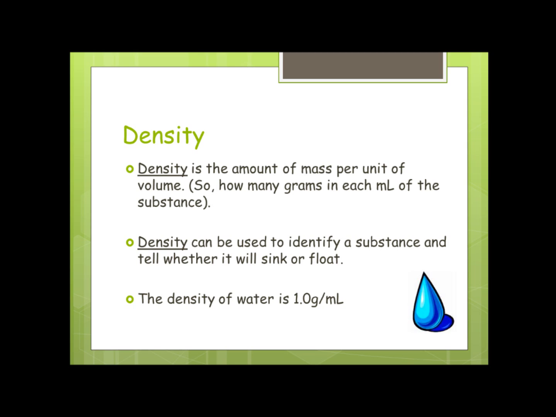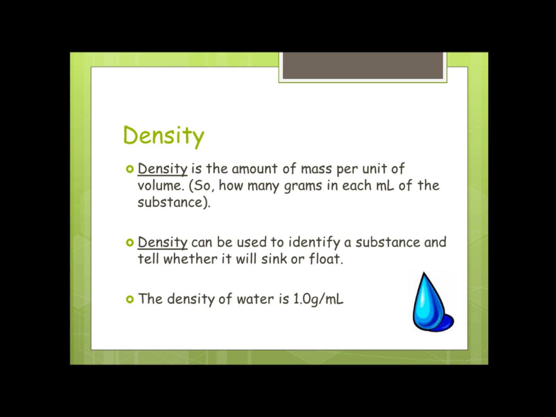So if you are asking how many grams of something is in each milliliter of that substance, that's the density. So you can have a lot of particles in one unit, or you can have a few, and that's why density is going to change from object to object.